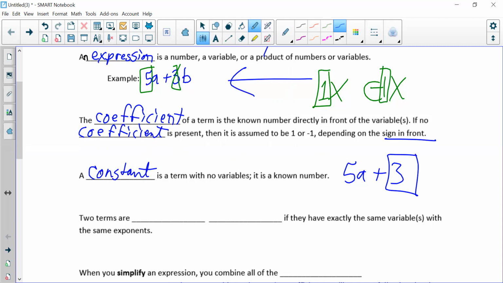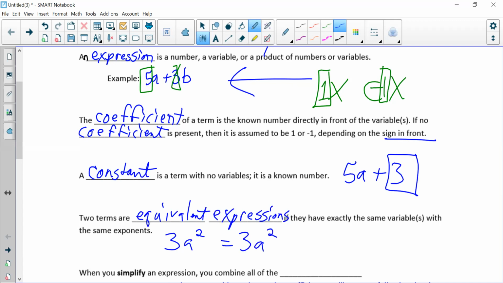Two terms are equivalent expressions if they have exactly the same variables with the same exponents. For example, 3a squared is equal to 3a squared. You notice how everything matches up.